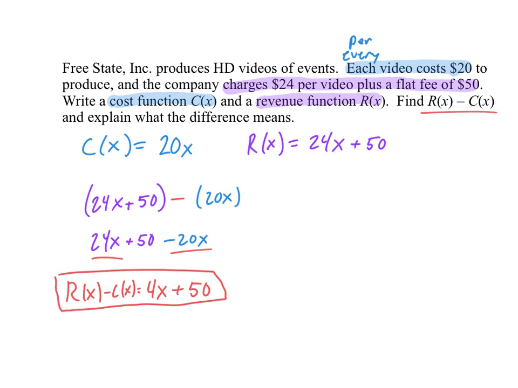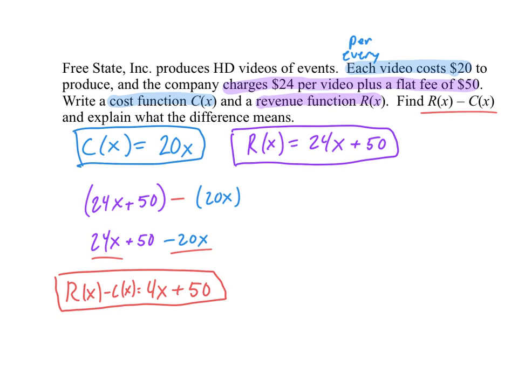They have asked us to do quite a few things separately. They asked us to write c of x. They asked us to write r of x. They asked us to subtract those two things. And then the last thing they want us to do is explain what the difference means. What does this 4x plus 50 represent? So money that your company brings in minus money that it's spent is profit. So revenue minus costs equals profit.